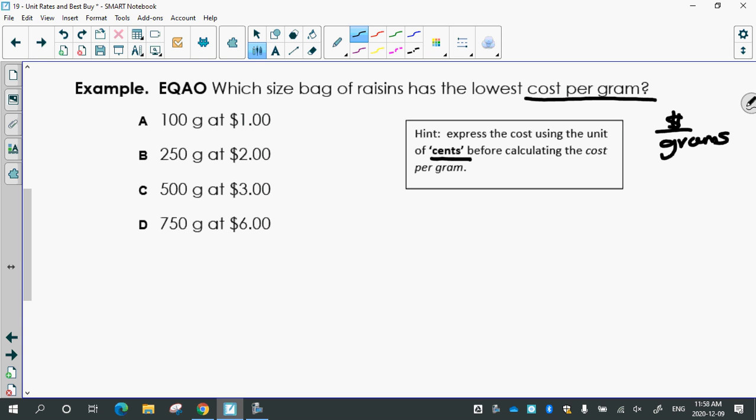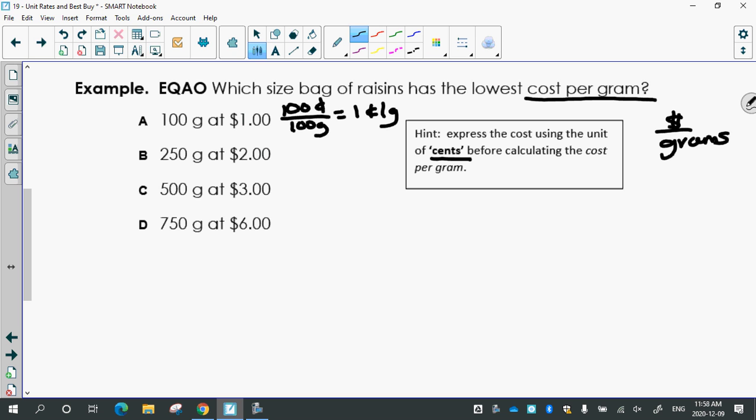So if you were doing this question, it's multiple choice. I'd type this in my calculator, 100 cents divided by 100 grams, and that gives me 1 cent per gram, okay? So I wouldn't even write this part down if I knew it. I just type 100 cents divided by 100 grams, but I would write at the side 1 cent per gram, okay, because that's what I'm going to compare.